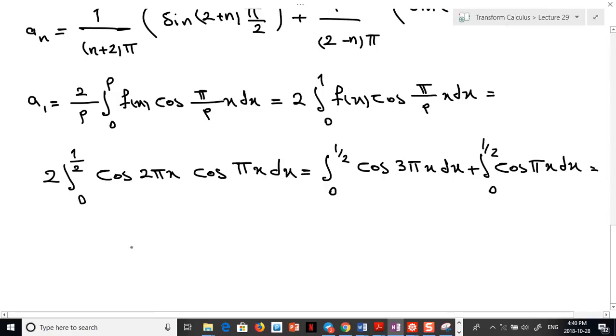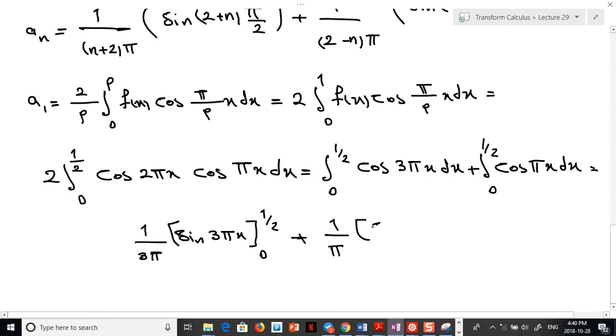So it's equal to 1 over 3 pi sine 3 pi x from 0 to half, plus 1 over pi sine pi x from 0 to half.